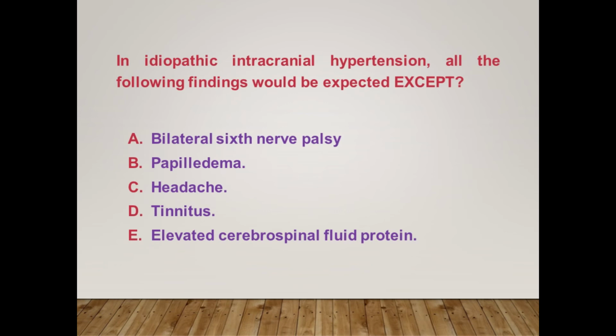The answer is elevated cerebrospinal fluid protein, as idiopathic intracranial hypertension may be associated with bilateral sixth nerve palsy, papilledema, headache, and tinnitus, and also with elevated cerebrospinal fluid pressure, but with a normal protein level in the cerebrospinal fluid.